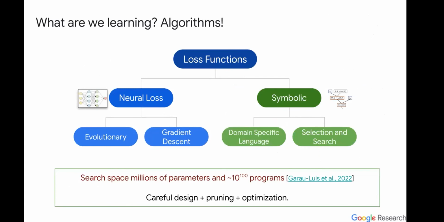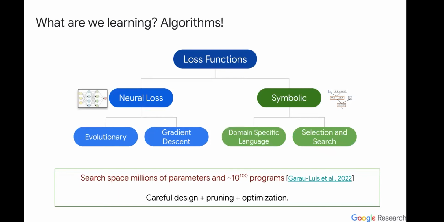We can divide these methods for learning loss functions into neural losses, where the loss function is represented as a neural network, or symbolic languages. In terms of learning, for the neural losses, we can do evolutionary or gradient descent methods. And on the symbolic side, we either do selection and search or domain-specific languages.